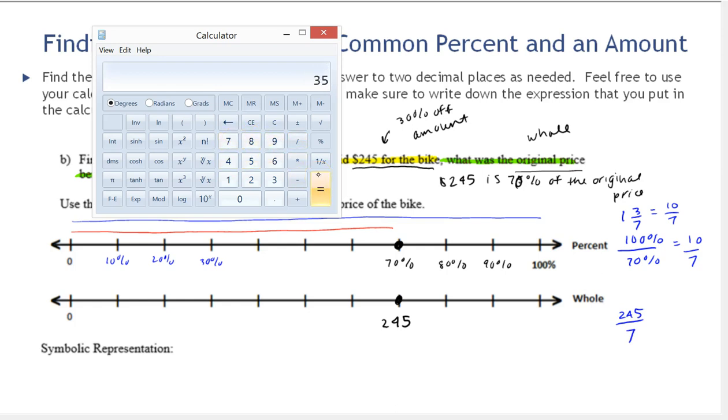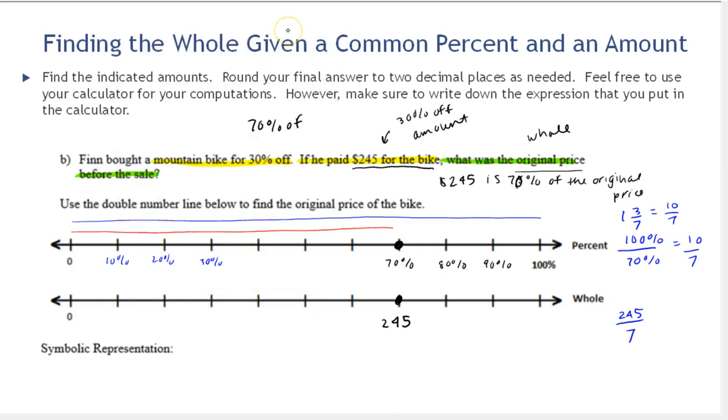Well, that's 35. So 10% of the whole, which we don't know, is $35. Get 70, 105, 140, 175, 210. So I'm just counting by 35s here because 35 is 10%. Because 245 is 70%, I divide it by 7 to find each of the 10%.